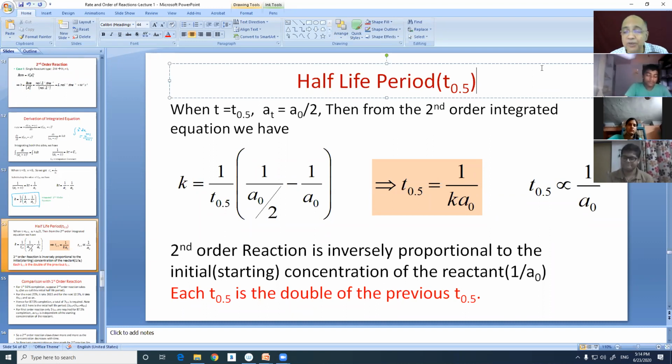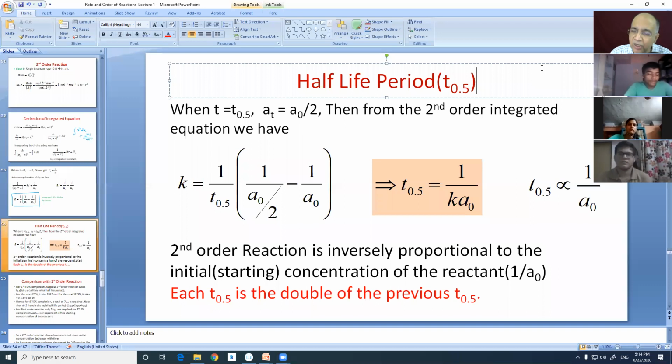So for 87.5% completion, in terms of the initial half-life period, there will be 7, 4 plus 2 plus 1. 7 initial half-life periods will be required. So 7 into 20, 140 minutes will be required for 87.5% reaction to be complete for a second order reaction.